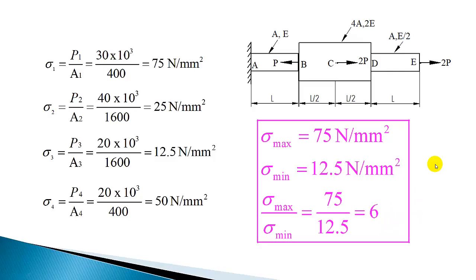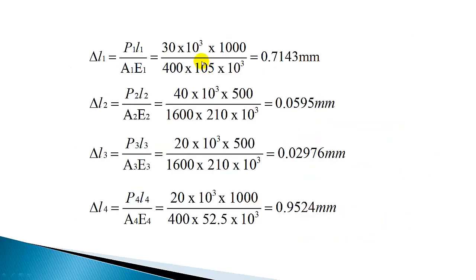Now let us find out the total change in length. So we can find out the change in length in the individual sections by applying the formula delta L1 is equal to P1 L1 divided by A1 E1. We identified the forces and other material properties. We have tabulated all these forces, length, area and Young's modulus for the 4 different sections.